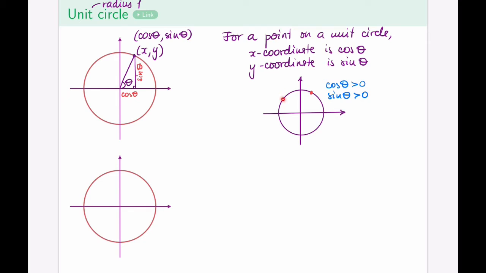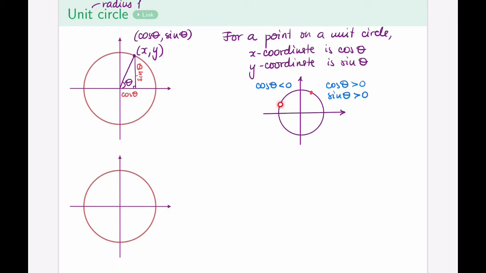If I think of a point in the second quadrant, what am I going to get here? Again, let me pick a point, let's say this one. This point, or any point in the second quadrant, will have a negative x coordinate. The x coordinate is cosine, which means that in the second quadrant, cosine is in fact negative.